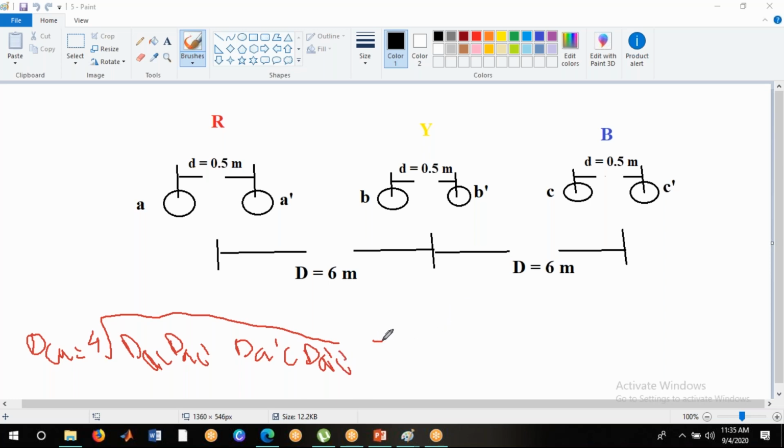Now if you write this equation, see here, the distance between A and C becomes 2D. Okay now, ఎ నుంచి బి కి వచ్చేసి D ఉంటుంది, బి నుంచి సి కి D ఉంటుంది. కానీ when the distance between A and C becomes 2D, so now the equation becomes 2D into 2D plus d into 2D minus d into 2D.